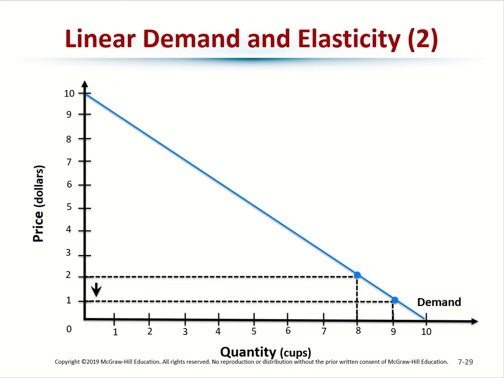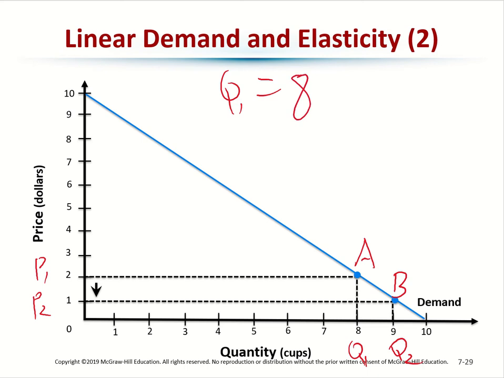Now let's suppose we do somewhere on the bottom. So let's say we go from this point A to this point B. If that's the case, our Q1 will be 8, Q2 will be 9, P1 will be 2, and P2 will be 1. So Q1 is 8, Q2 is 9, P1 is 2, P2 is 1.